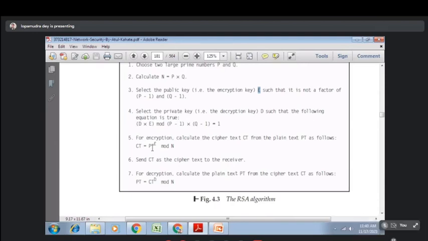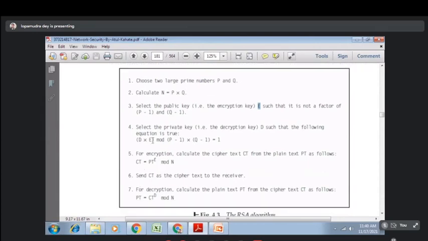This ciphertext you send to the receiver. Now, what will the receiver do? The receiver will calculate the plain text back from the ciphertext. Suppose this is the ciphertext you have sent. Then CT to the power D mod N gives you the plain text.